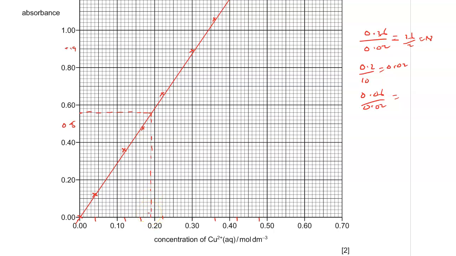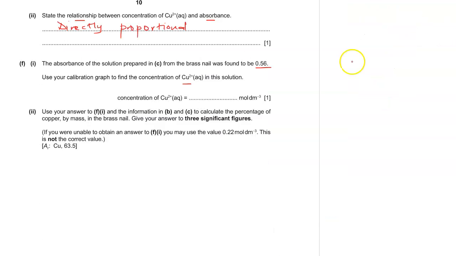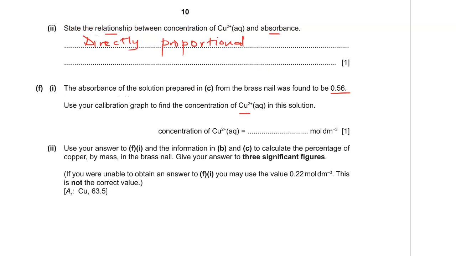So 0.19 is the answer. So an absorbance of 0.56 is when the concentration of copper is 0.19. So the concentration of copper here is 0.19 moles per liter. Okay.